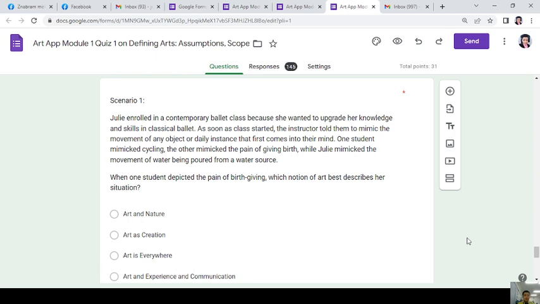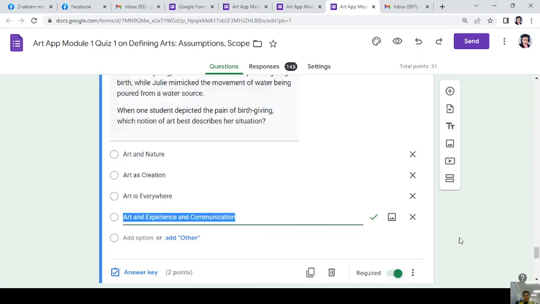When one student depicted the pain of birth giving, which notion of art best describes her situation? Perfect. That is art as experience and communication.